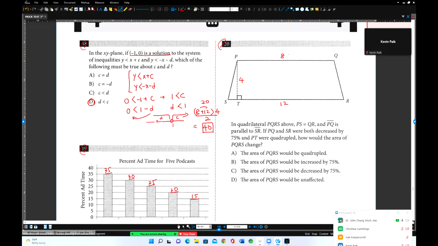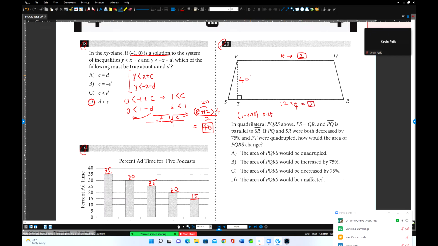Now change this one. A 75% decrease is what? On the left, this decreases to 2. This is times 1 over 4, right? A 75% decrease means only 25% remains, okay? So this is a 3.